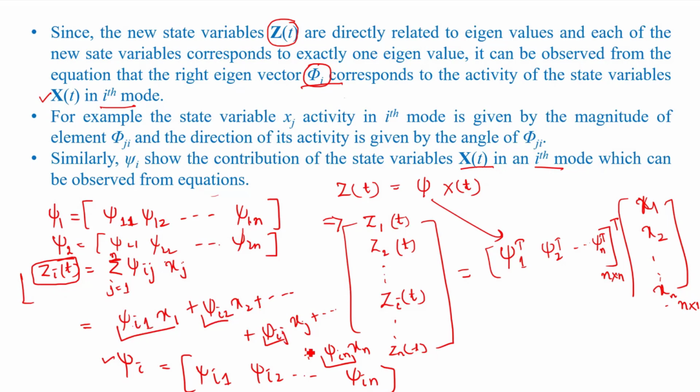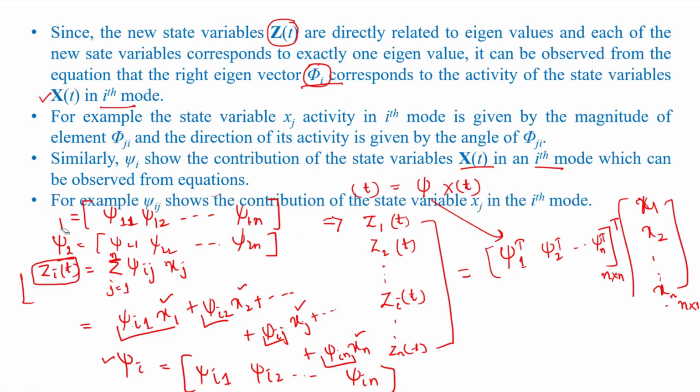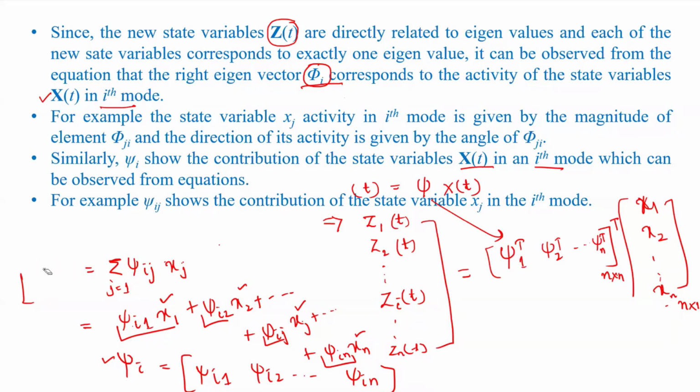So each element of this left eigenvector will give us the contribution of each of the state variables, right? That means your left eigenvector indicates the contribution of the state variables in a particular mode, and the right eigenvector indicates the activity of the state variable in a particular mode, right?